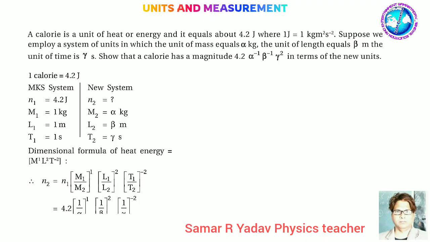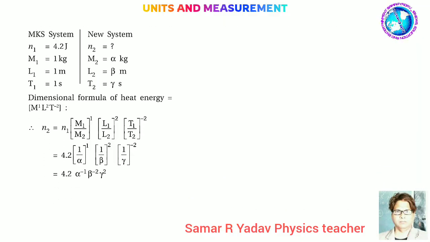In the new system, N2, we have to find out: M2 is equal to alpha kg, L2 is equal to beta meter, and T2 is equal to gamma second. The dimensional formula of heat energy is [M1 L2 T^-2].